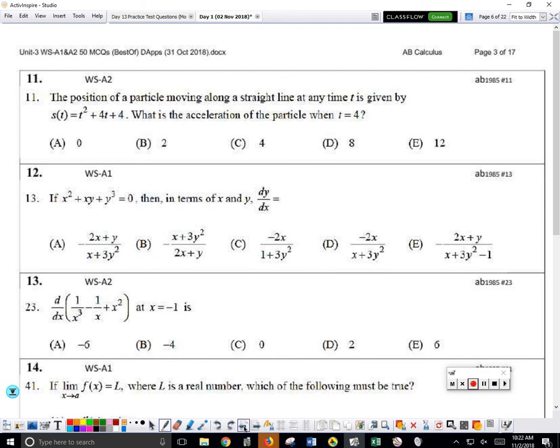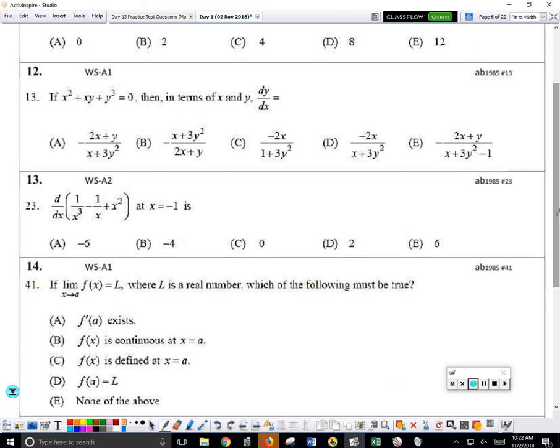Do we have any questions on 12? Do we have any questions on 13? These are all old AP problems now, so we're switching back to just practicing AP stuff.